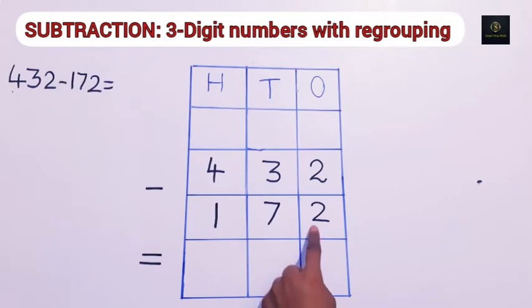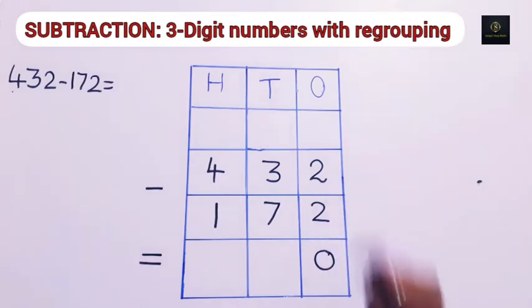So 2 minus 2 is equal to what? Yes, 2 minus 2 is equal to 0. So we write 0 in the ones place. See children, here there was no need of borrowing because we can subtract 2 from 2, which is our third property of subtraction.